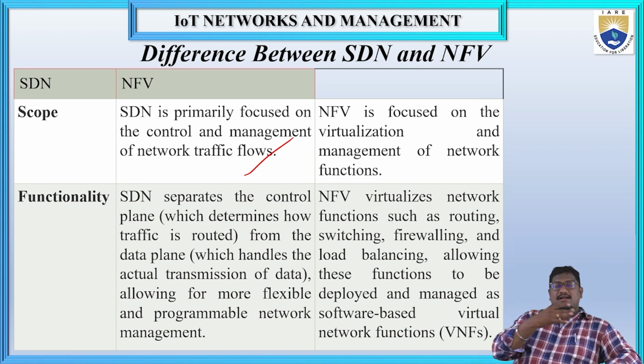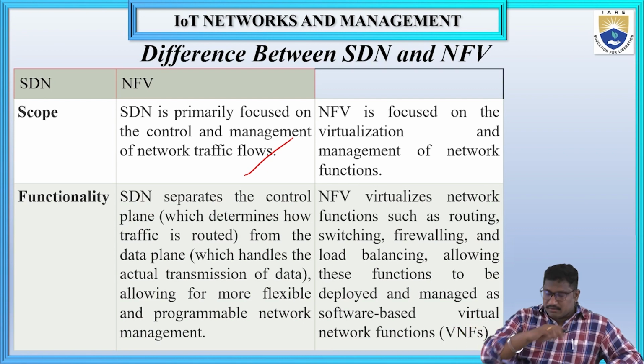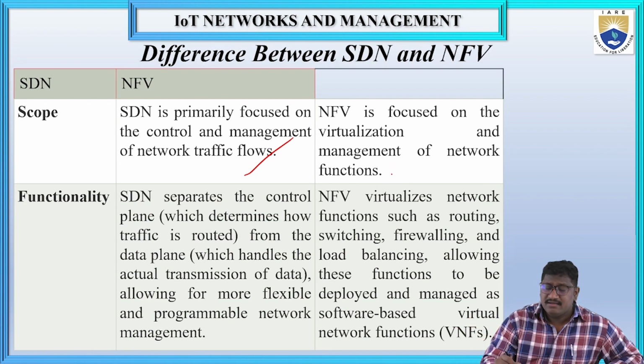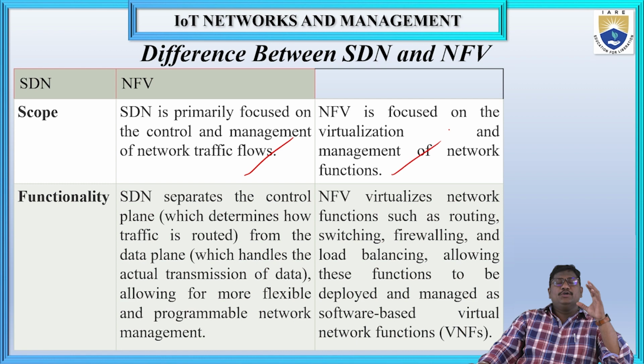That is, the traffic flows: from which source to which destination the data has to be transferred, and whether it is going in the proper direction or not. It is going to control and manage the network flows. Whereas NFV is purely focusing on the virtualized management of network functions.